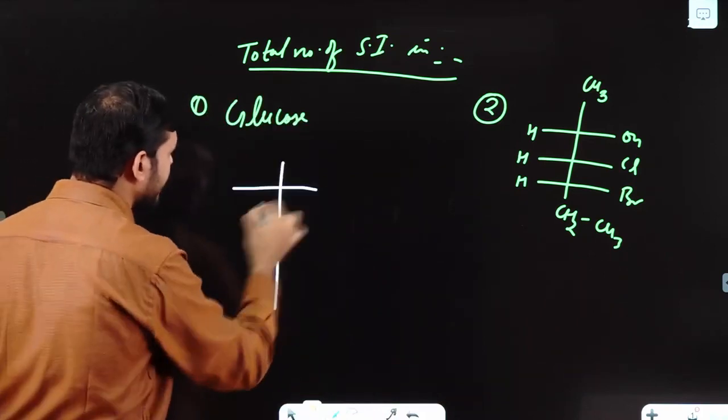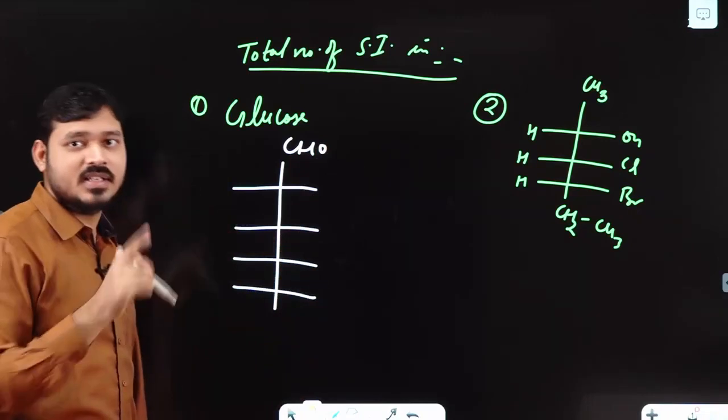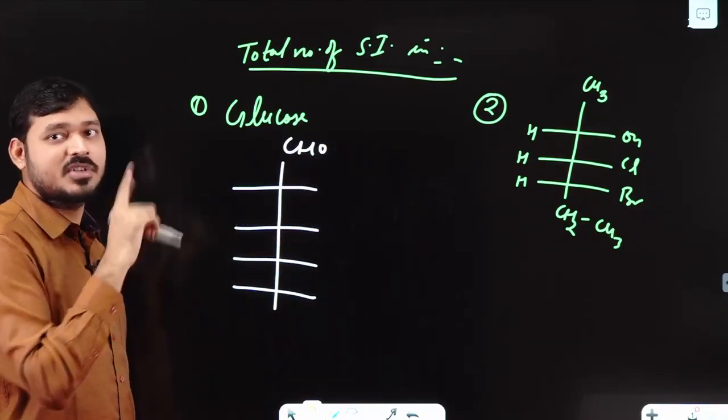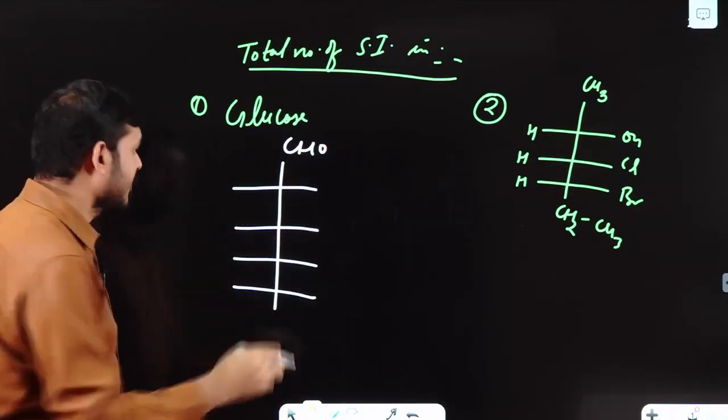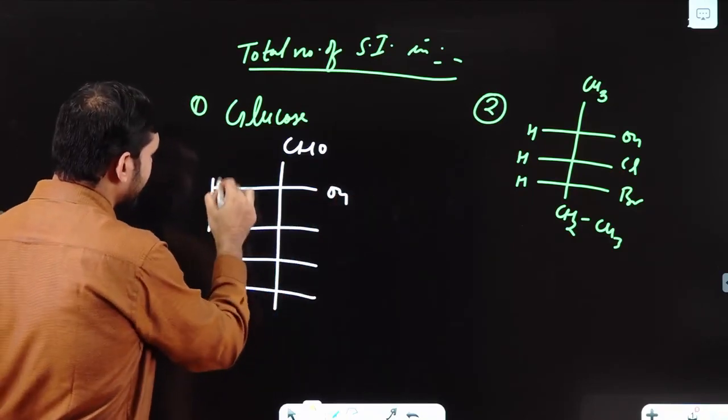See, if I say glucose, we have discussed this compound in the epimers and anomers topic in my previous lectures. So you remember across C3 you have to make OH on the left side.